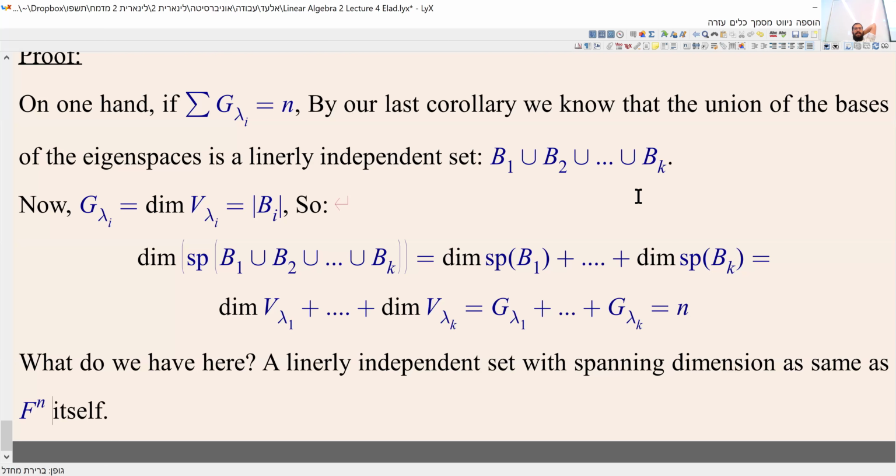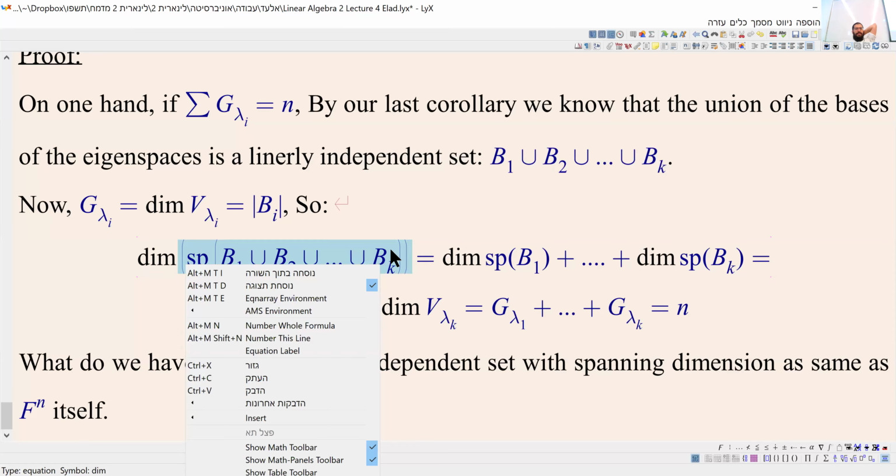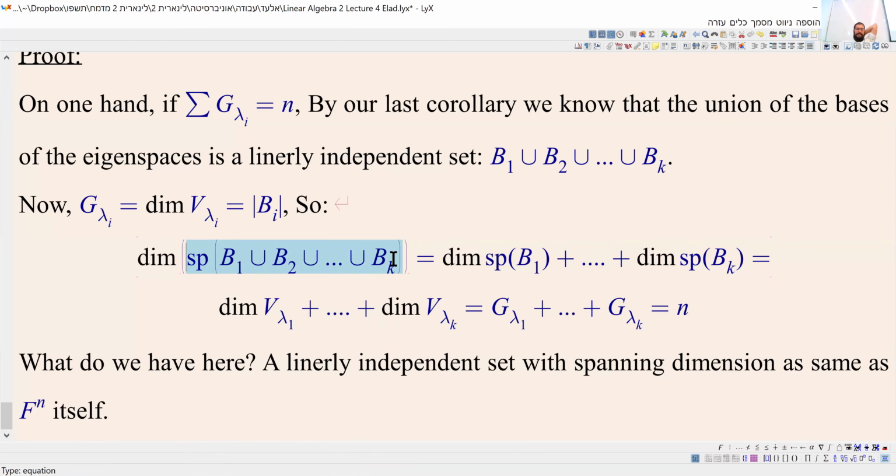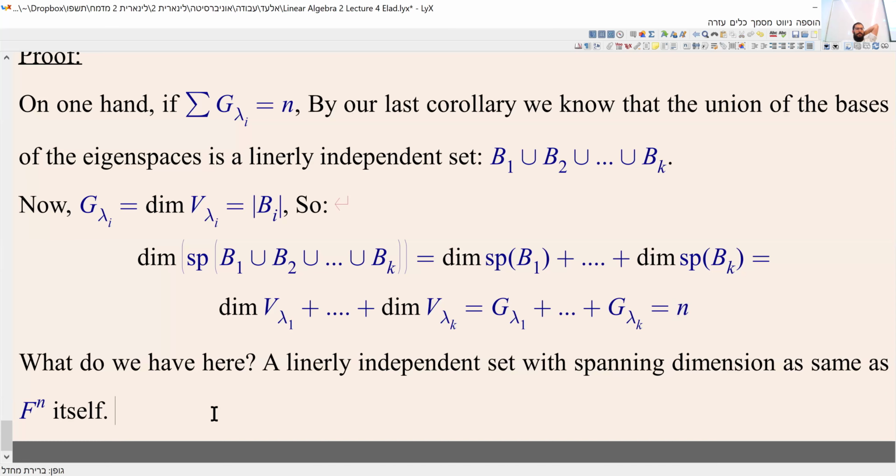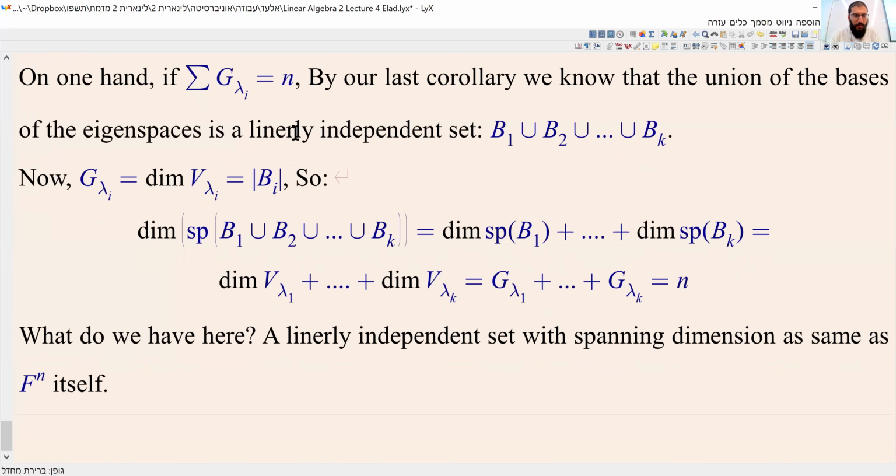Now, the set is linearly independent by our last corollary, and the dimension of the space spanned by the set is actually the dimension of the space itself by our assumption in this direction of the proof. So it is a basis, very exciting, I do agree.